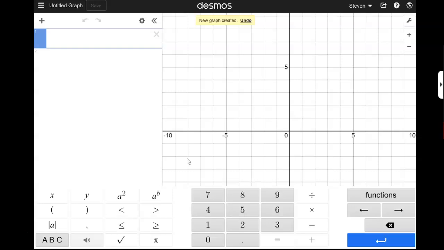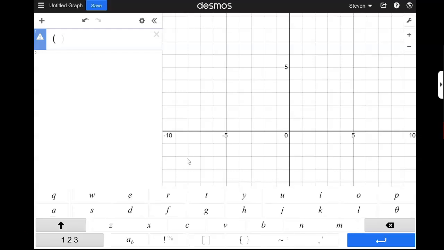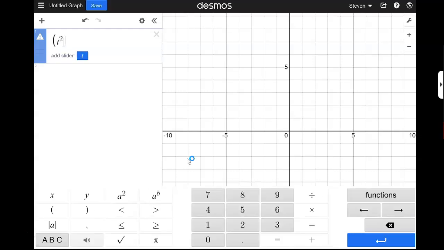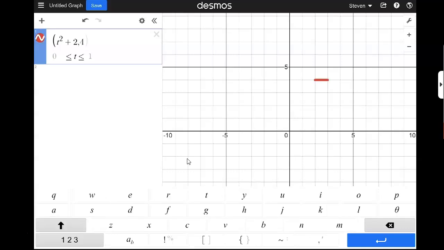So here we are graphing x equals t squared plus 2, comma, 4t. That's my parametric curve.